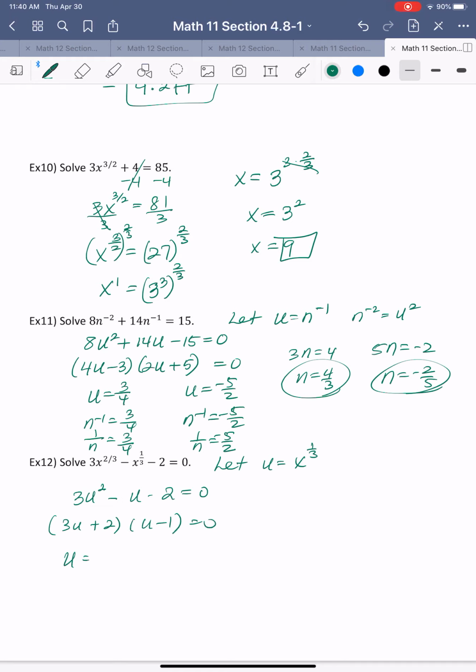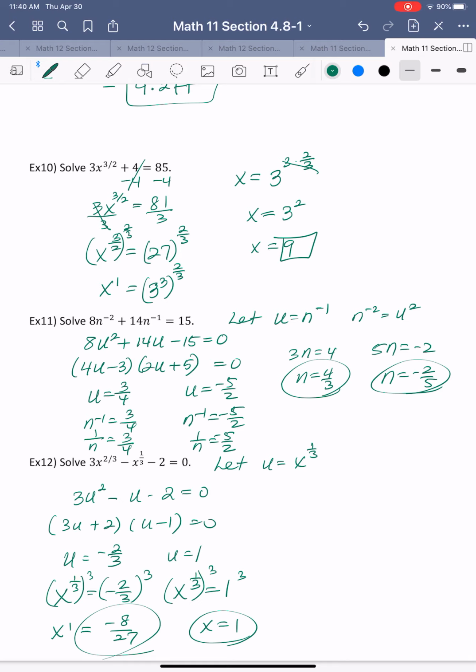So u is -2/3, and u is 1, but u was originally x to the 1/3 power. In order to get x to the first power, you need to raise it to the power of 3. So you get -8 over 27 when you raise -2/3 to the power 3, and you get x equals 1. So these are the two solutions for this equation.